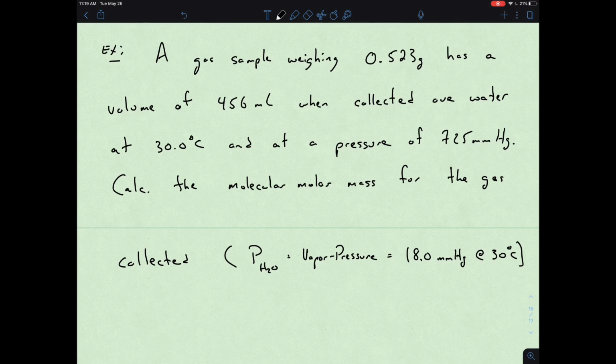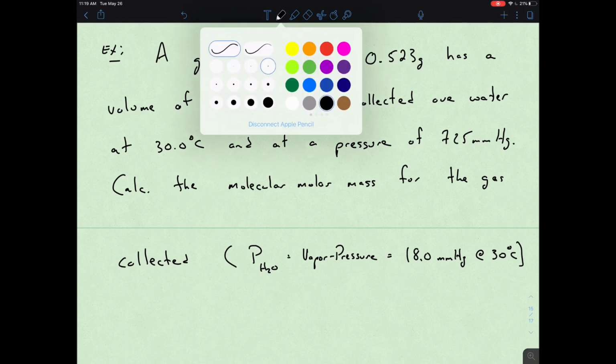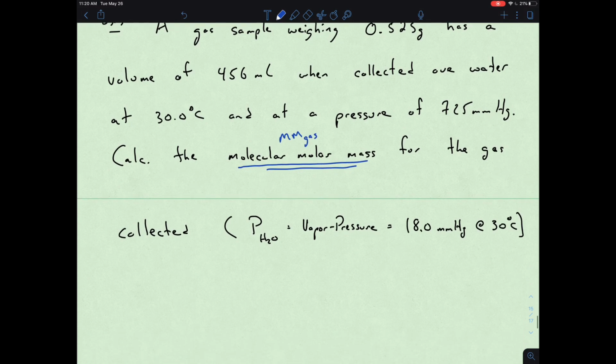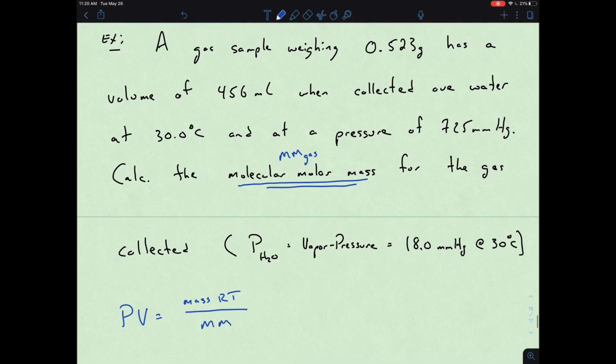So if I look at that idea, this is where I'm trying to go, this molar mass of the gas. And if I think about my ideal gas law and the information that's given to me here, I would think of this expression.